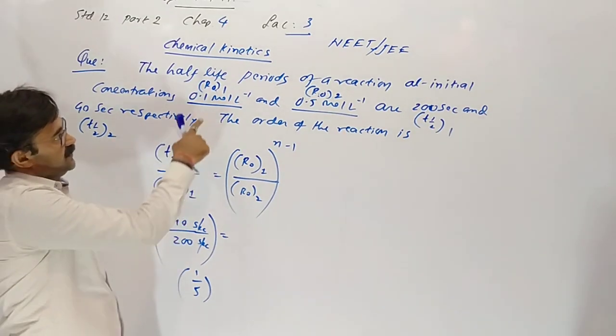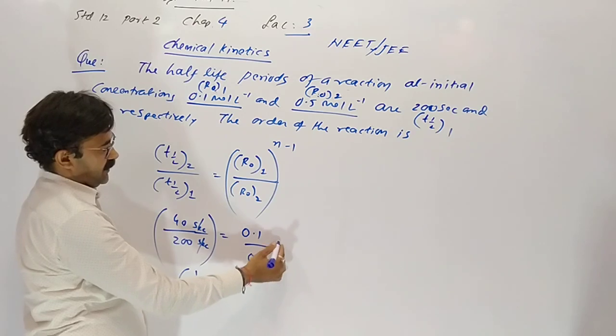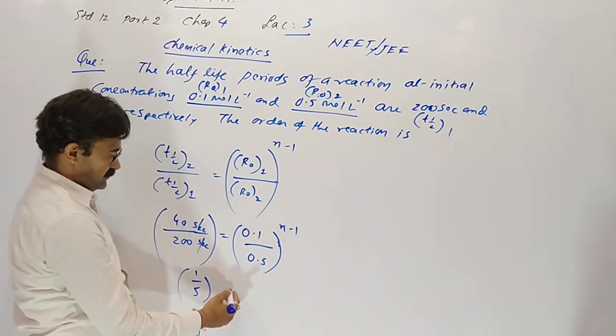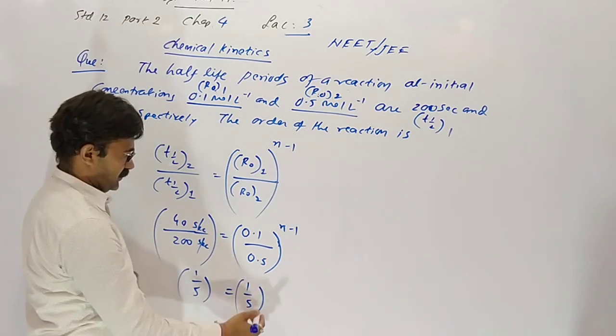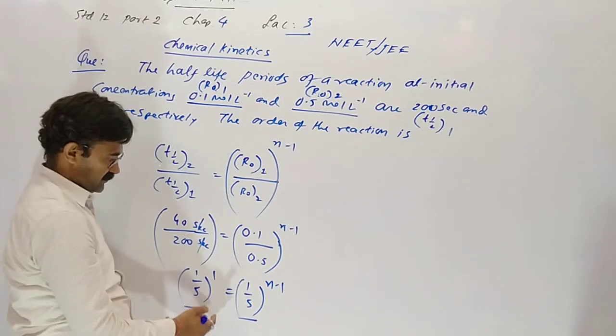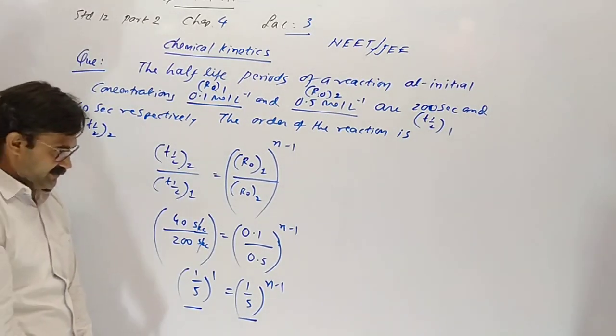R0 initial in the first condition is 0.1, here it is 0.5, raised to n minus 1. So it is 1 upon 5 raised to n minus 1. Here the base 1 upon 5 is common, so we can compare the rest.